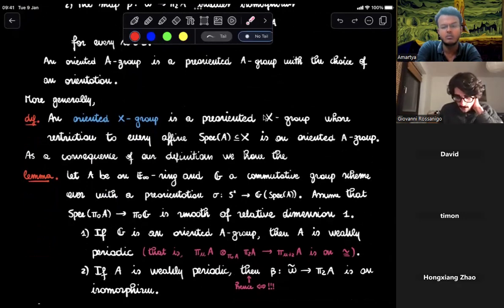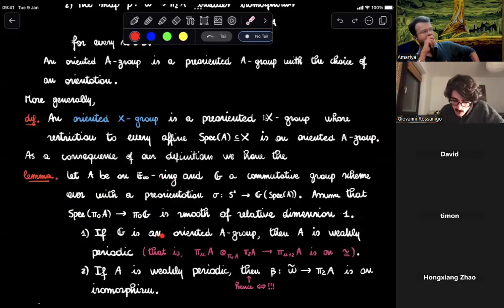If we have an A-infinity ring A, a commutative group scheme over A and a preorientation, and we know a priori that the map between the underlying schemes is smooth of relative dimension 1, then in the case where G is an oriented A group, A has to be weakly periodic.